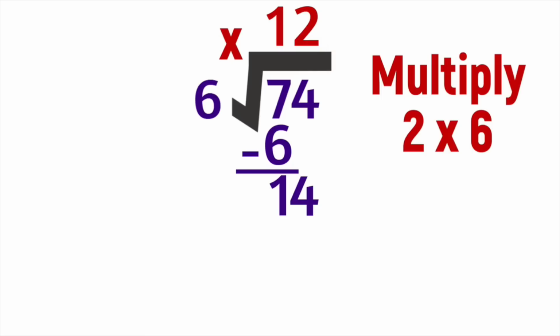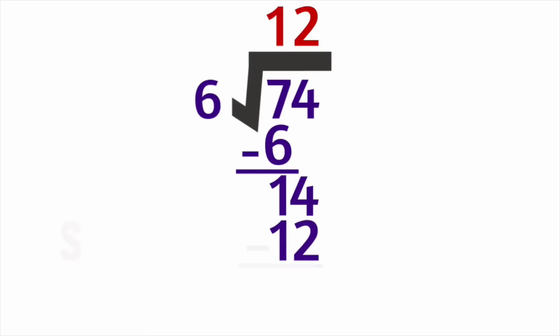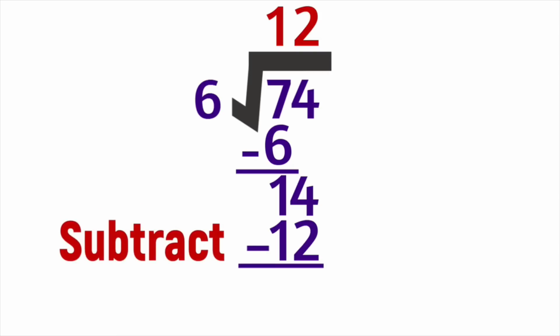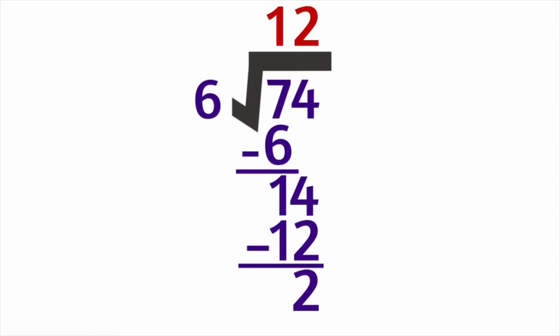We put that answer, the number 12, right here under this 14. Then we subtract. 14 minus 12 equals 2. And there's nothing left to bring down, so we're all done with the steps.